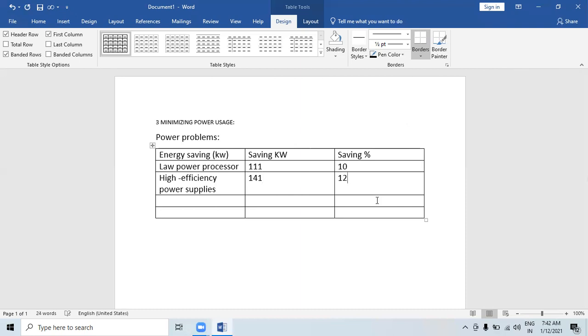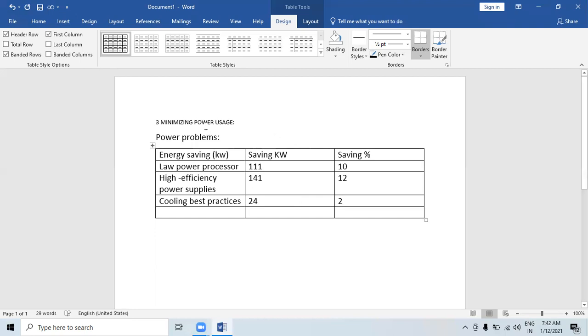Then cooling based practices, saving 24 kilowatts and 2%.